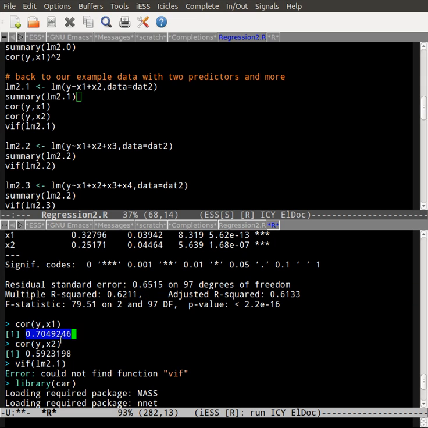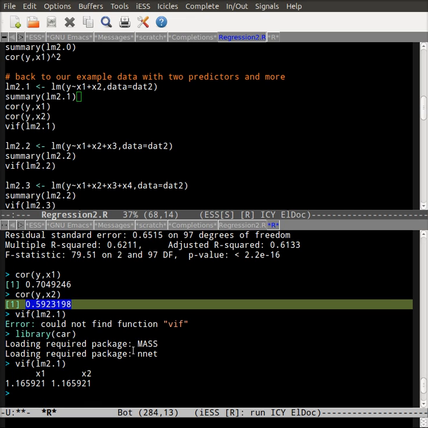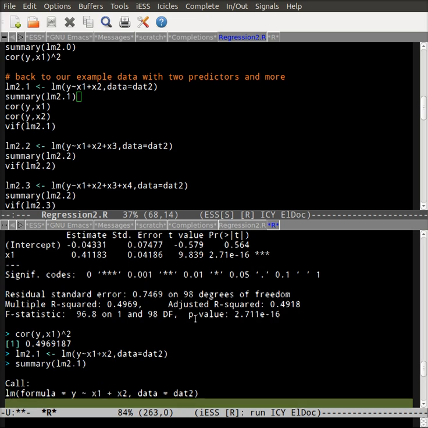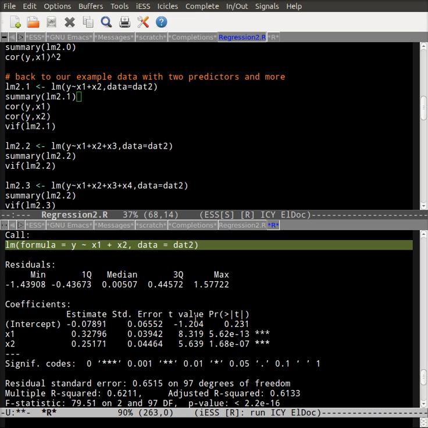X1 is correlated with y about 0.7, and x2 is correlated about 0.6. So now we have 2 strong correlations, and both of them are significant predictors because they're independent. The shared variance that they have is with y primarily.